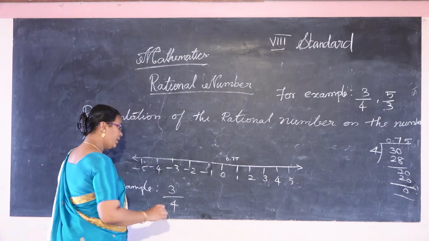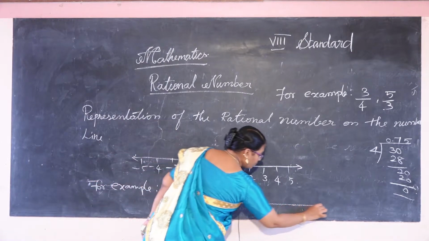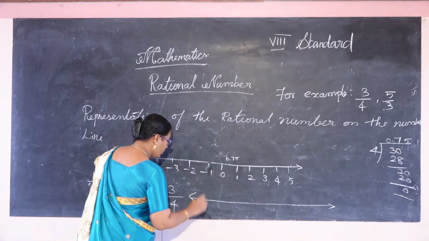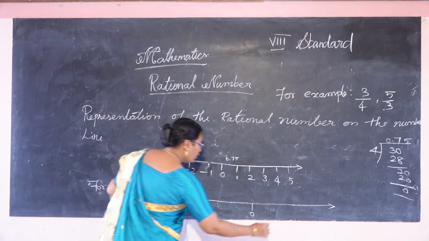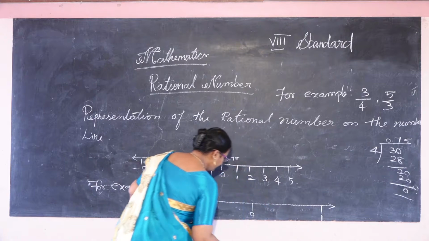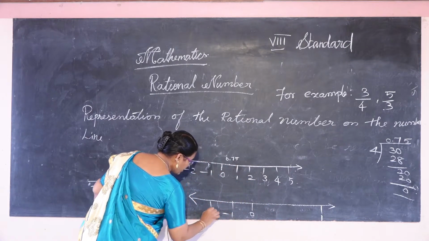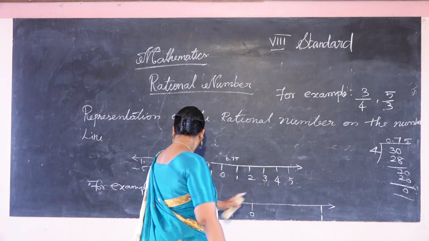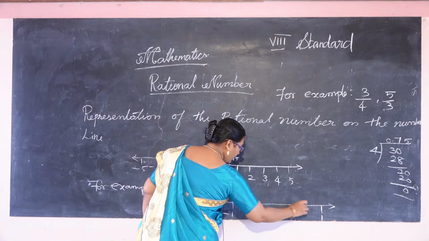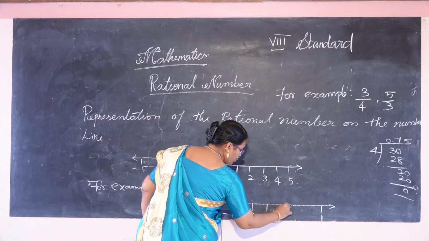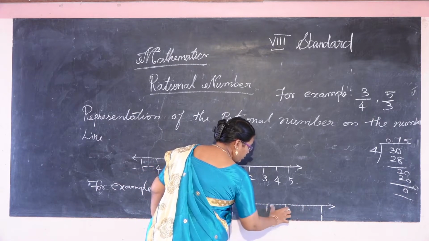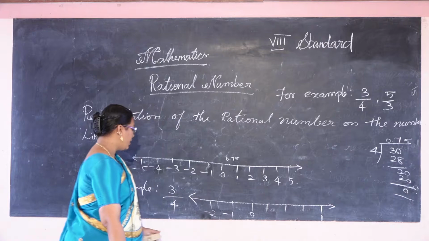So, how do you draw a proper fraction on a number line? First 0, then 1. Between 0 and 1, divide into 4 equal parts: 1, 2, 3. 4 equal parts.